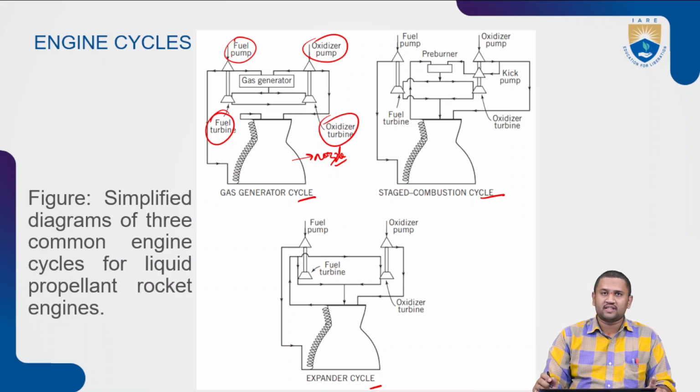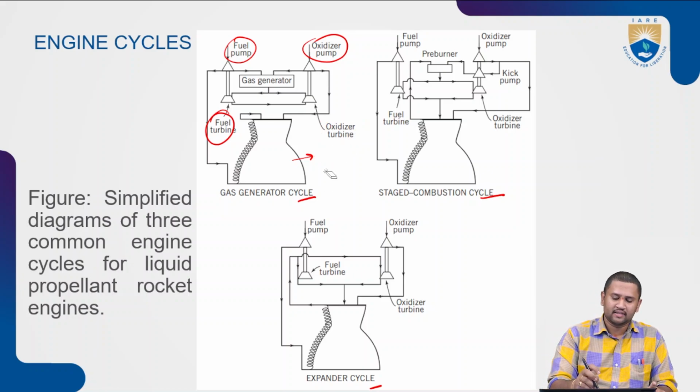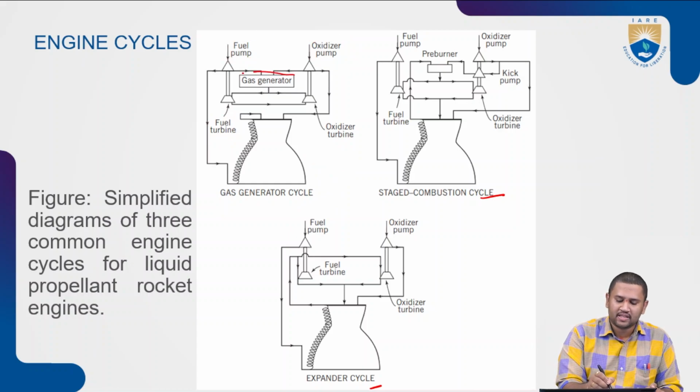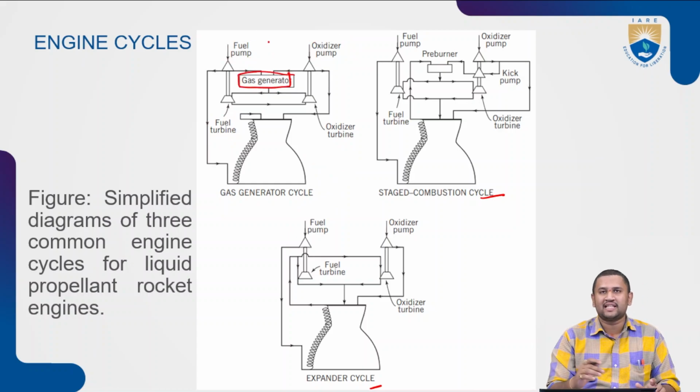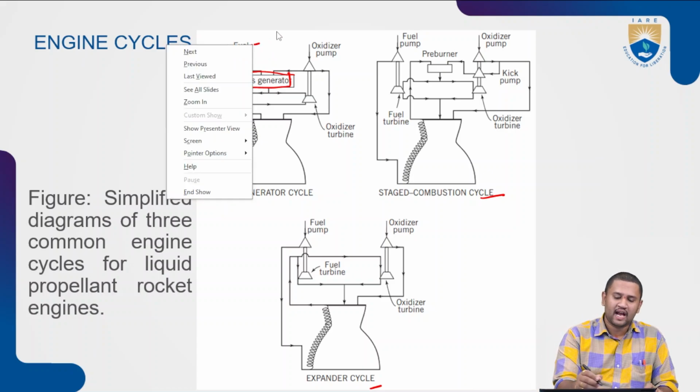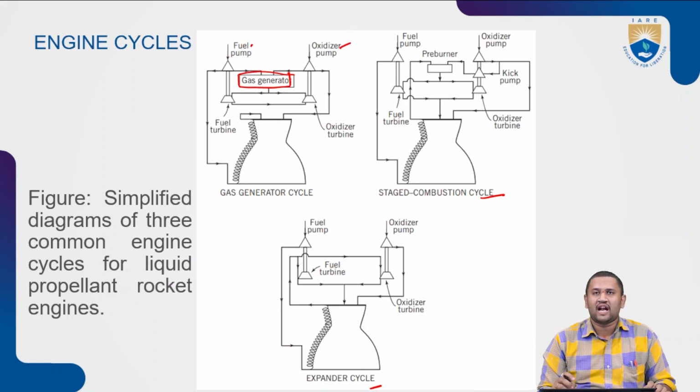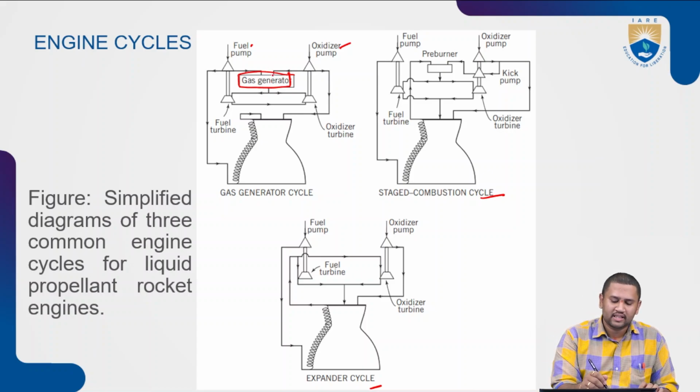Now, the difference in a gas generator cycle is that you have an additional combustion chamber, a gas generator chamber, where some part of your actual fuel and oxidizer are taken out and combusted.